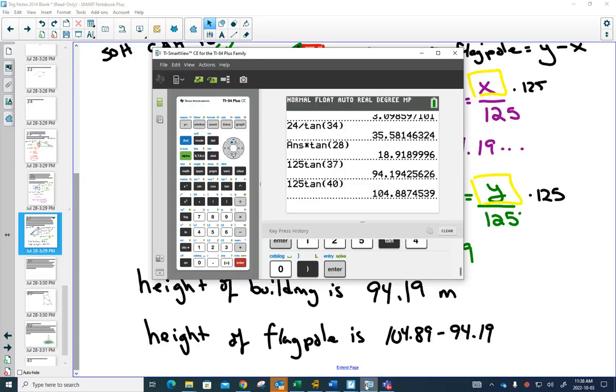So this is where sometimes on your calculators, I can take the 104 and I can just push minus, and that remembers all of those decimal places. But the 94.19 is 2 answers back. So you might have to write it out. My calculator is nice. I can go and highlight something so it keeps all the decimal places.